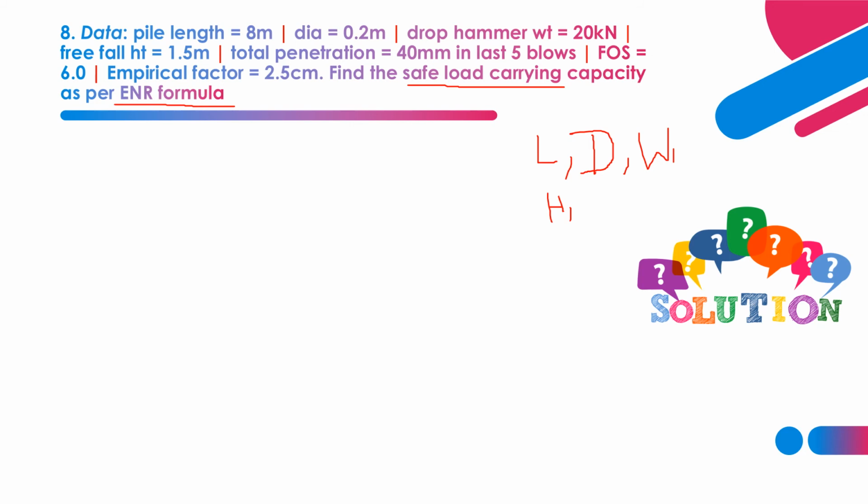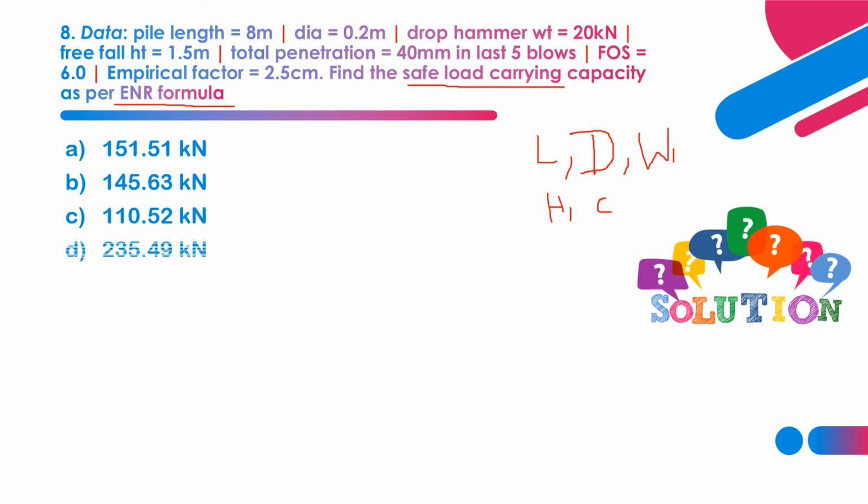And the empirical factor, that is nothing but C, is given as 2.5 centimeter. So we have to substitute all the things in the ENR formula to get the safe load carrying capacity. Option A, 151.51 kilonewton. Option B, 145.63 kilonewton. Option C, 110.52 kilonewton.